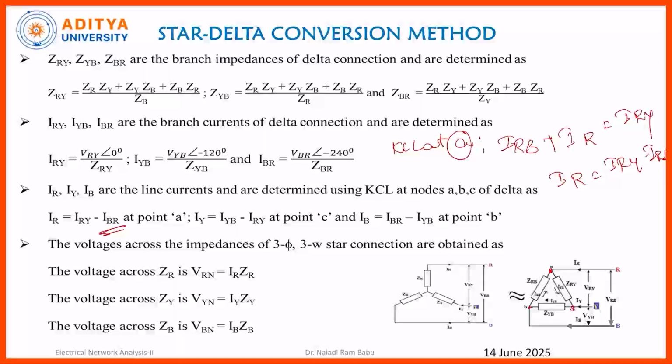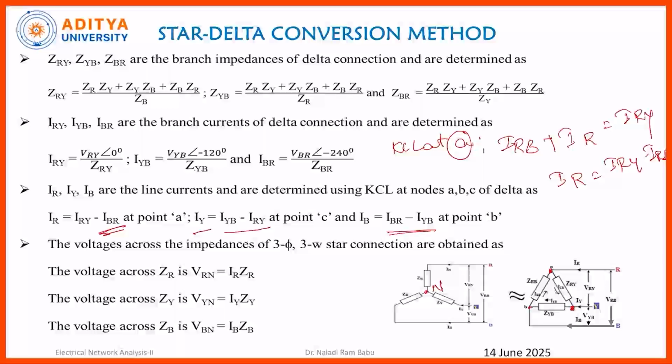In a similar manner, if you calculate the current values at points B and C respectively, you will get the line currents IY as IYB minus IRY and IB as IBR minus IYB. Now I am moving on to the calculation of the voltage across the impedances in star connection. The voltage across ZR, we all know voltage is equal to current into impedance.